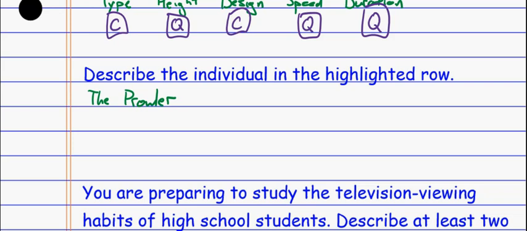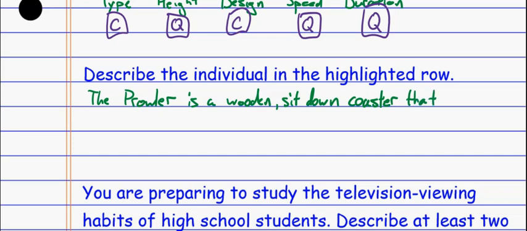So I might say the Prowler is a wooden sit-down coaster. See, that's all the categorical stuff. So it's those descriptors, those labels.